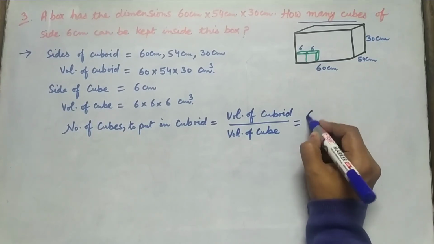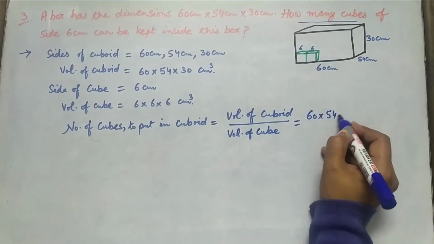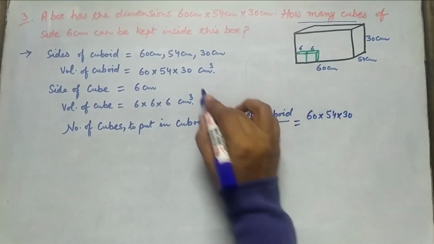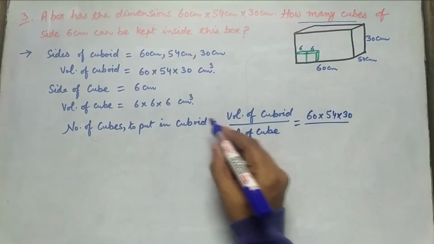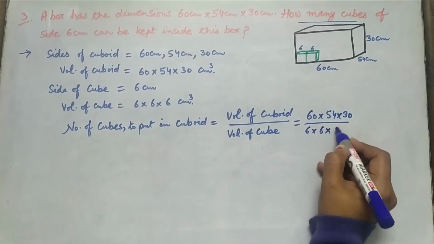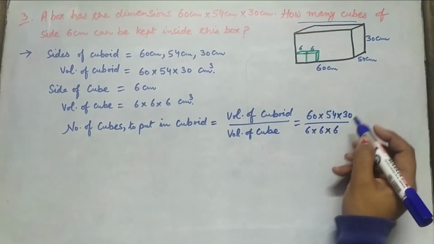Put the values: 60 into 54 into 30, the cuboid volume, divided by 6 into 6 into 6, the volume of the cube.